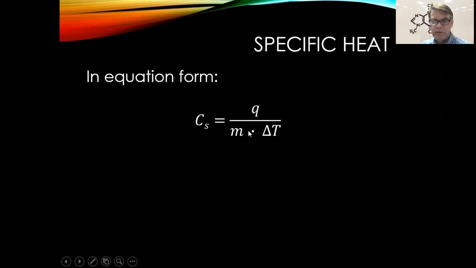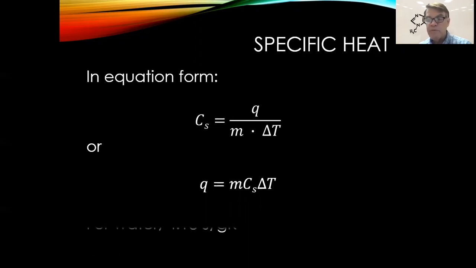We can arrange it around a little and say that the heat equals MC delta T. That's the way I learned it. It has a ring to it, doesn't it? Q is MC delta T, where again, Q is the amount of heat, M is the mass, C_s is the specific heat constant, and delta T is the change in temperature. By the way, for water, it's about 4.18 joules per gram Kelvin.